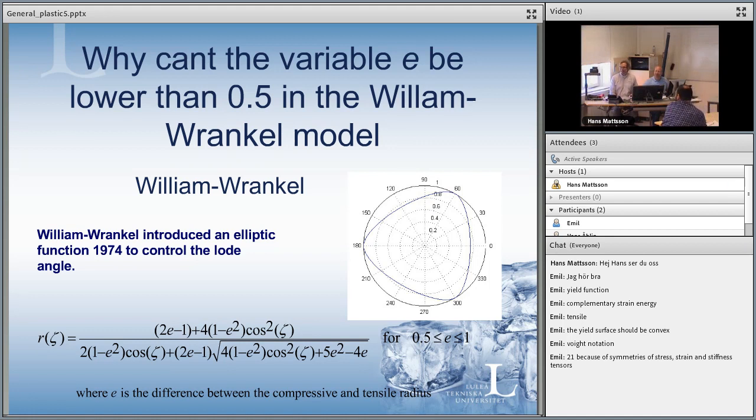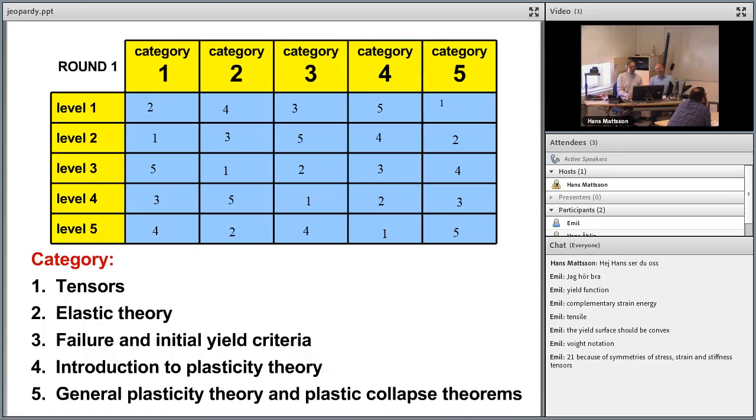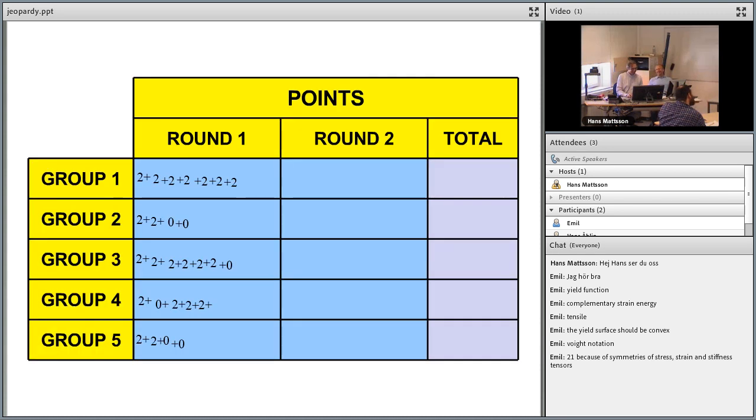But okay, let's hear. That's correct. You see, group 3 gives the correct answer but doesn't get any points. But they want to show for round number 2 who has the knowledge here.